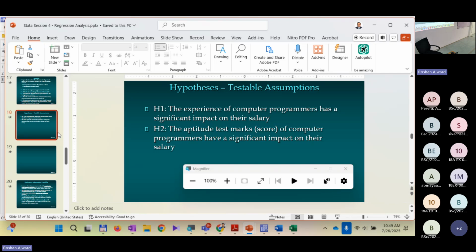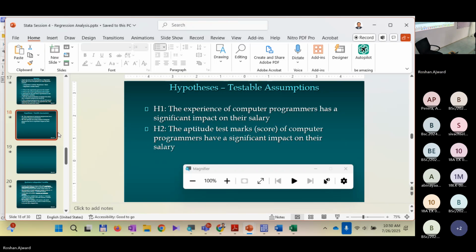You take 20 programmers' salaries, and before that you make these two assumptions. The first assumption is that experience has a significant impact on the computer programmers' salary.